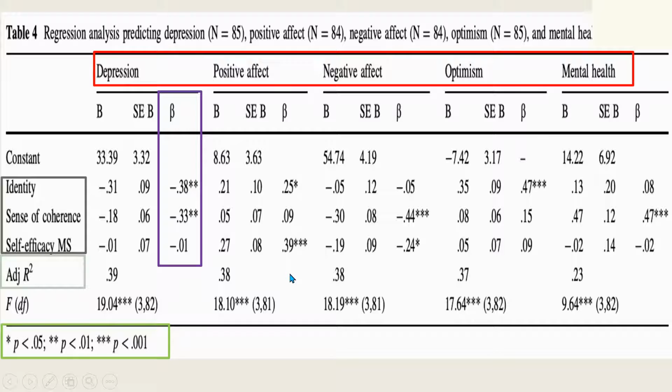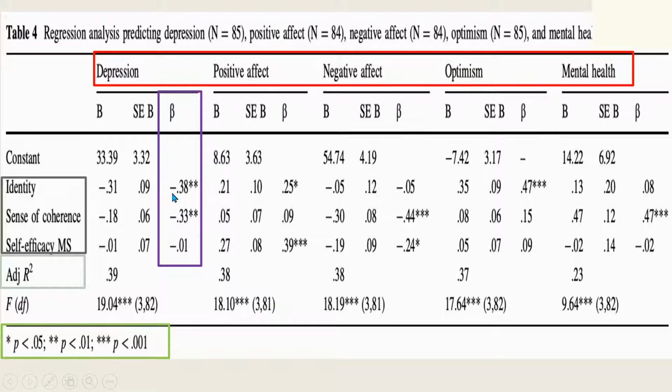Just follow the format. So basically what we want to look at here are these highlighted boxes. Let's consider identity, the independent variable. We can see here that the relationship between identity and depression has a beta coefficient of -0.38. You can see that it is statistically significant with a p-value of less than 0.01. The relationship between identity and depression indicates a negative direction because of this sign.